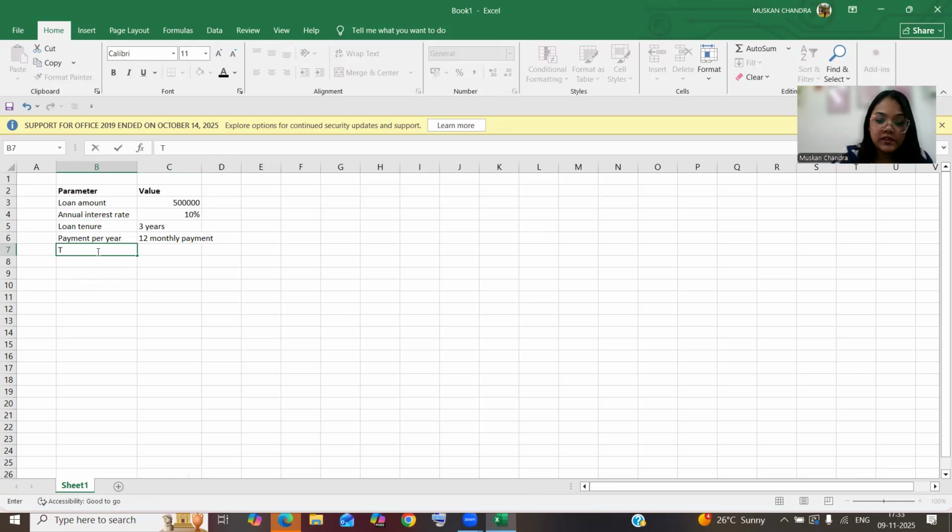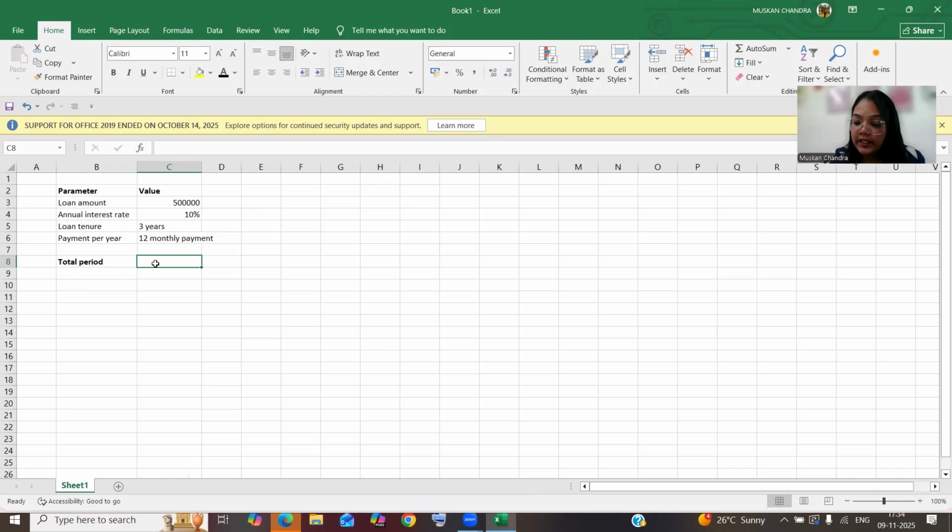Then we have total period, which we are calculating as equals to C5 into C6.